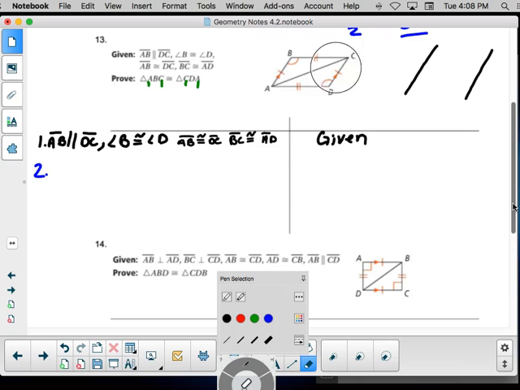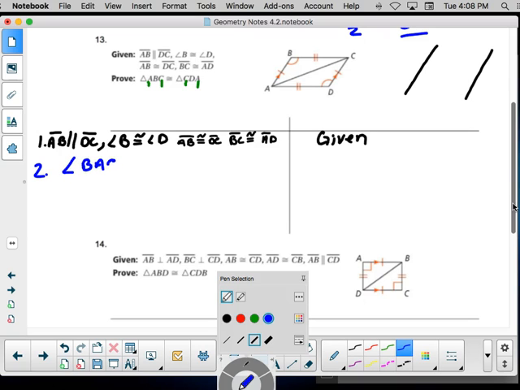So that's the first thing I'm going to do. I'm going to look at angle BAC, being congruent with, and remember I went BAC, being congruent with DCA, angle DCA, because of alternate interior angles theorem.